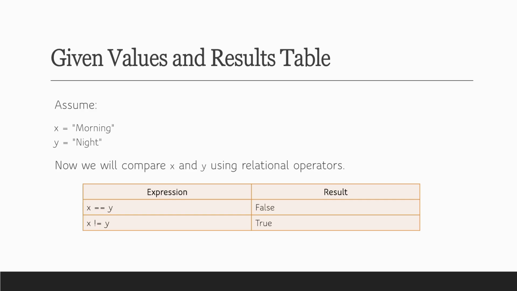Next, we check whether x is not equal to y. Because the two words are different, this condition becomes true. This example clearly shows how relational operators work with string values. When two strings are different, the equality comparison gives false, and the not equal comparison gives true.